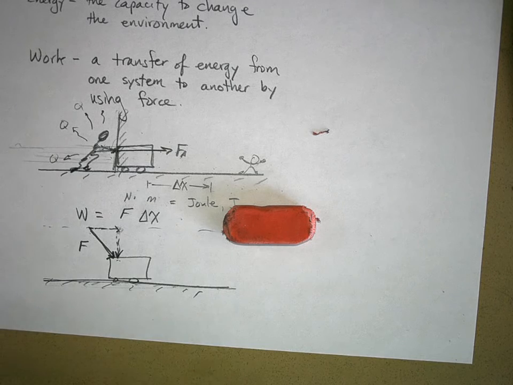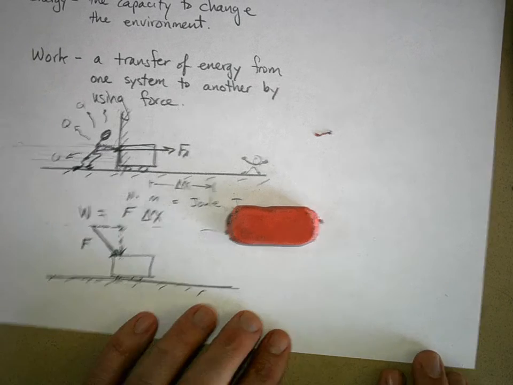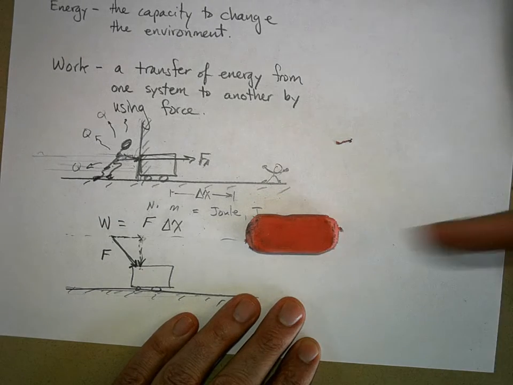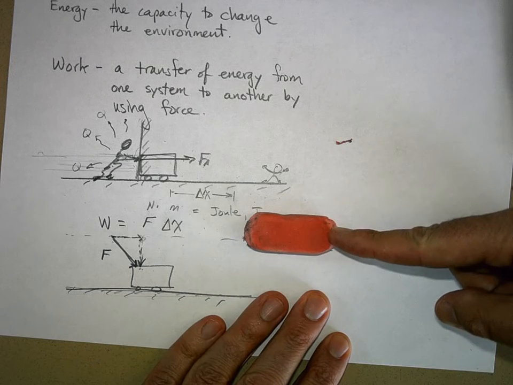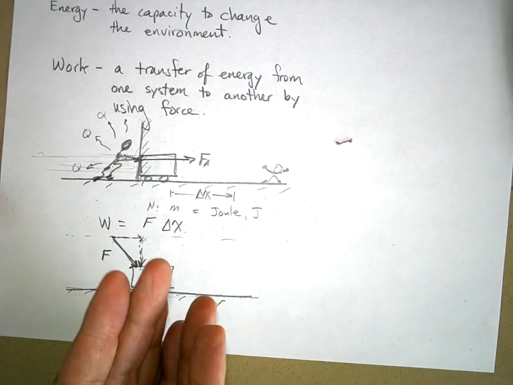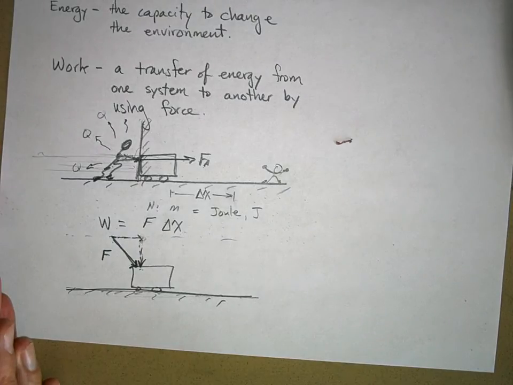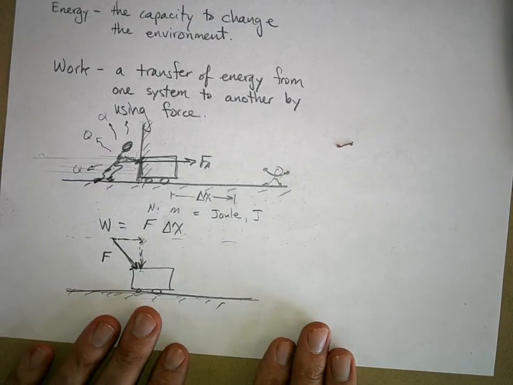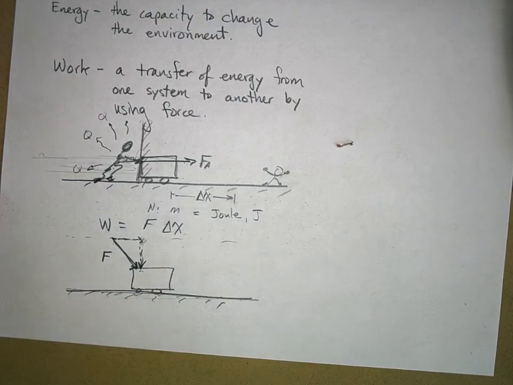No. But if I push down on it and also with the horizontal component, I can make the eraser move. Now, a moving eraser has energy. It has kinetic energy, as we're going to describe later. So I did transfer some energy into it, okay, by doing work.